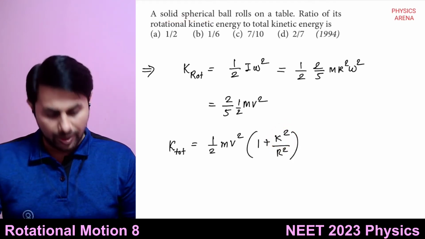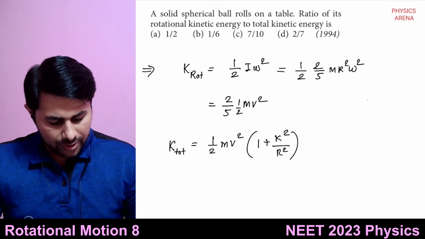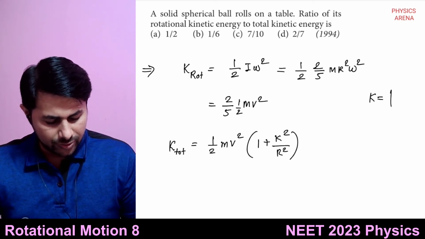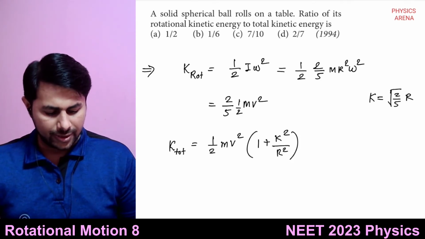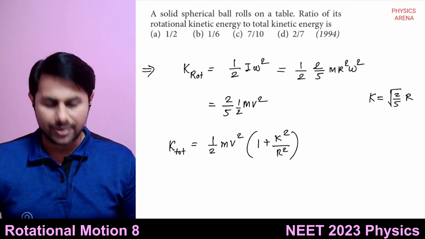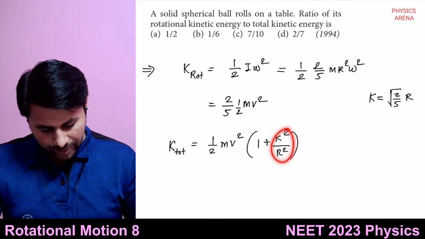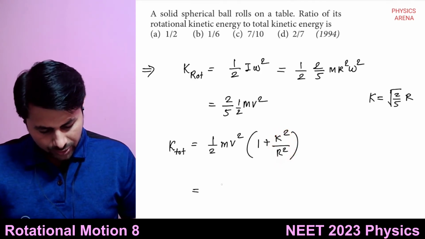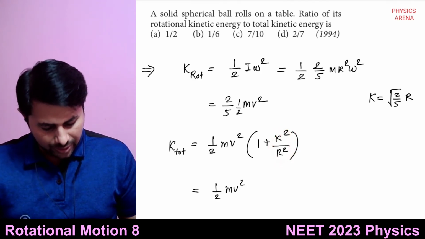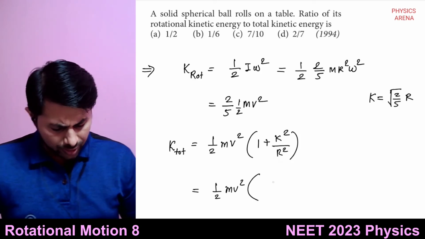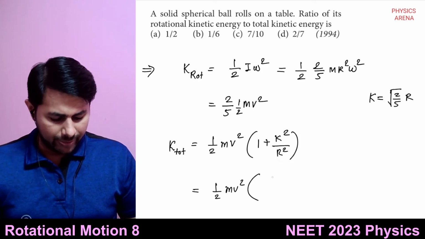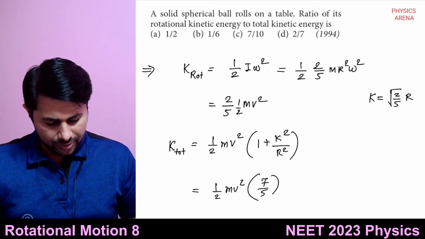It is the square root of 2 by 5 r, so k square by r square will be equal to 2 by 5. So you have half of mv square multiplied by 1 plus 2 by 5, that is 7 by 5.